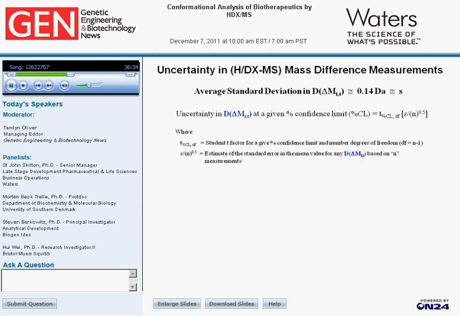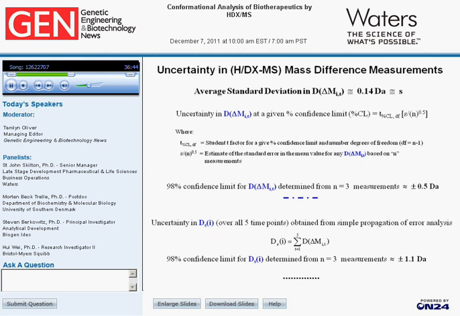And in this case, next slide, we have a 98% confidence limit. When we have 3 experiments for any given data point, we have an uncertainty of about plus or minus 0.5 Daltons. In the case of the sum of the differences over the time points for each peptide, that uncertainty can be calculated by simple propagation of error analysis, and that comes out to be about plus or minus 1.1 Daltons. Next slide.